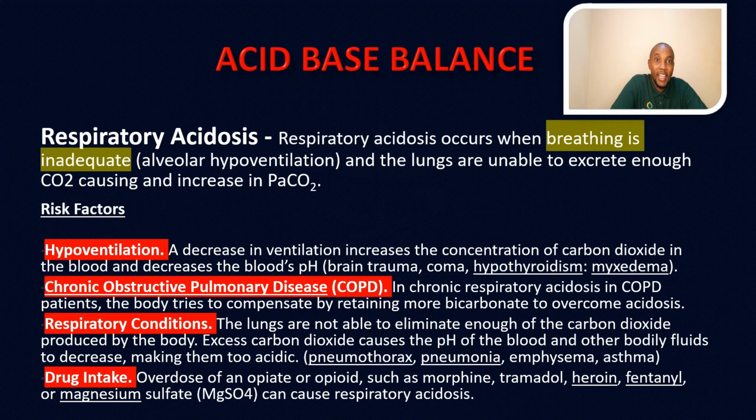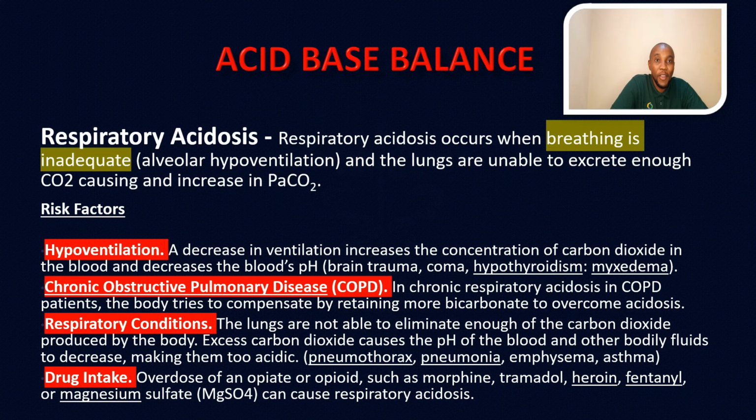CO2 is a gas, it's produced in the lungs and it is acidic in nature, and when it accumulates, it will cause the pH of the blood and other bodily fluids to drop. Remember, the lower the pH, the more acidic we become.